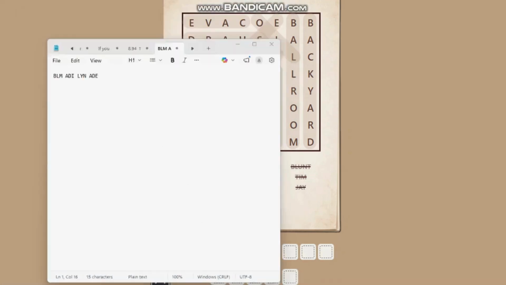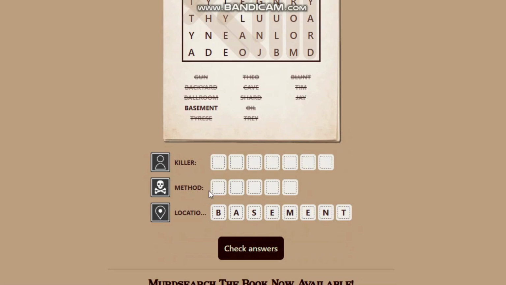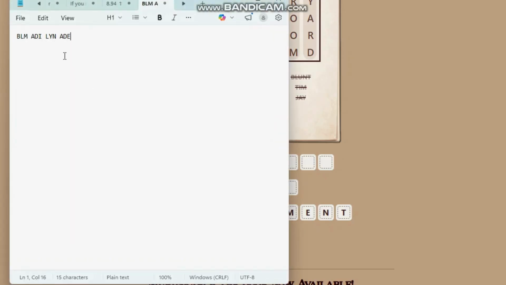If we pay attention carefully, we know that the method only allows 5 letters. So we may have to start with that because the killer's name contains 7 letters. So obviously we need to figure things out. Let's see.